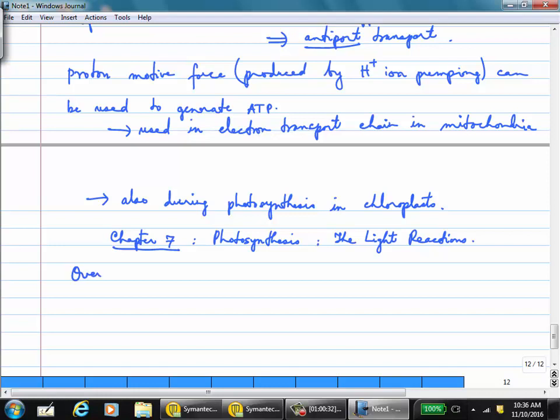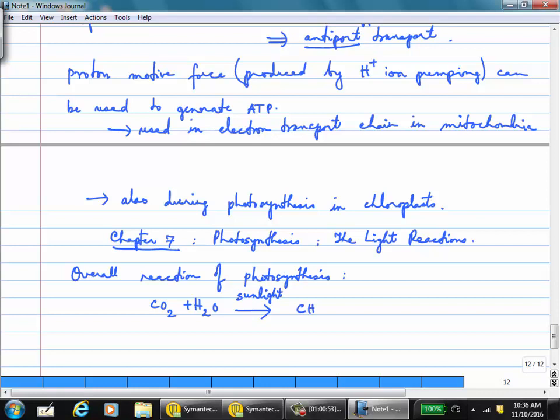So the overall reaction of photosynthesis goes as follows. You have carbon dioxide plus water in the presence of sunlight.